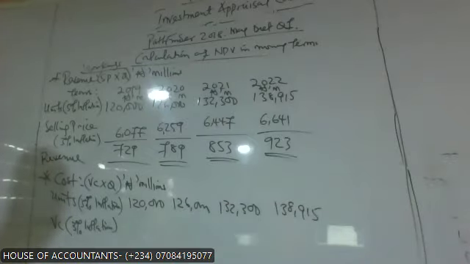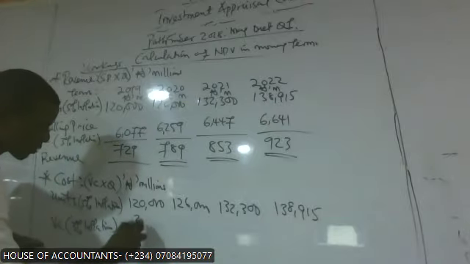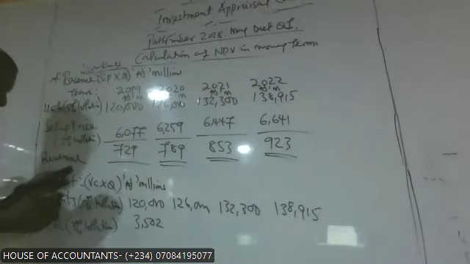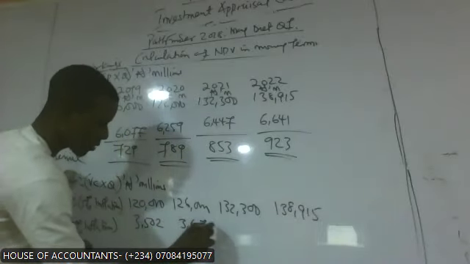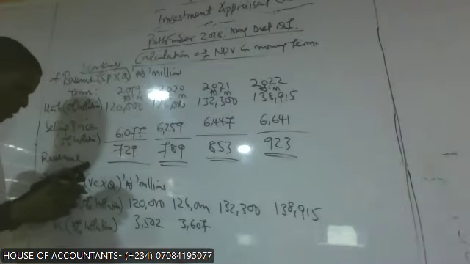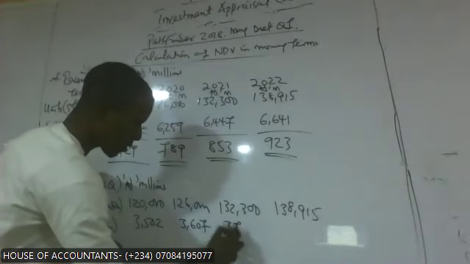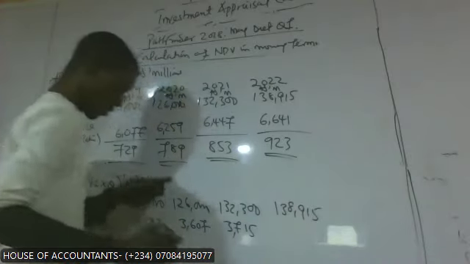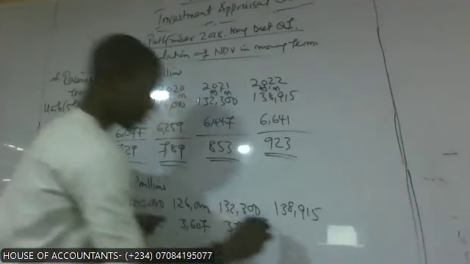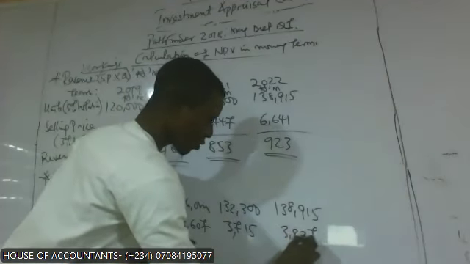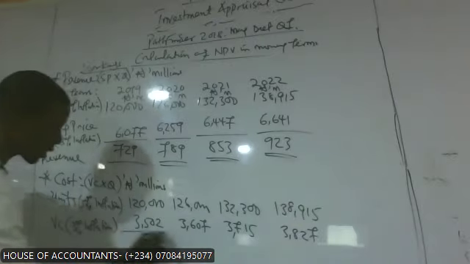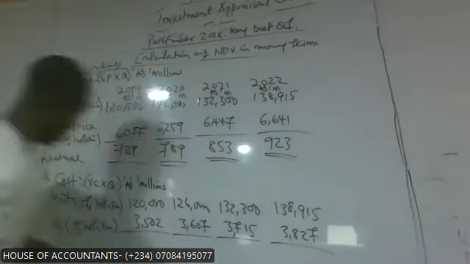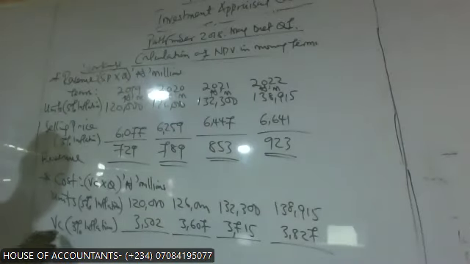What do we have? 3,502, followed by 3,607, followed by 3,715, and 3,827. So that is the inflated variable cost. We need to get the total variable cost, TVC.